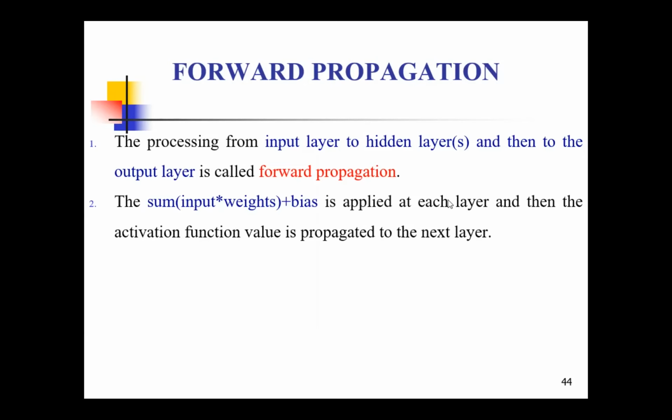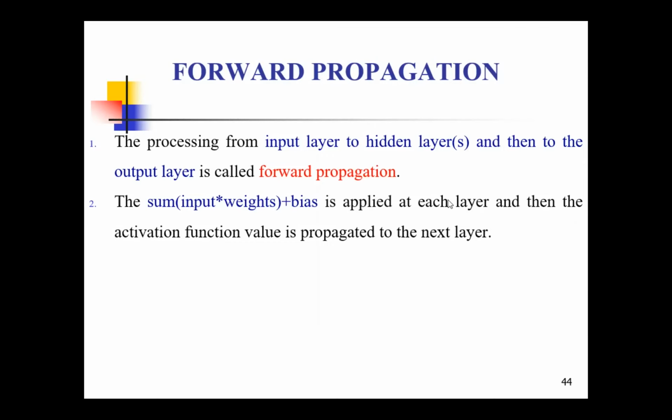So the sum is the input variable value into weightages plus bias. That is, the sum is the individual weightage of each variable into the value of the variable, plus some bias value, applied at each node, and then the activation function value is propagated, or transported, to the next layer.